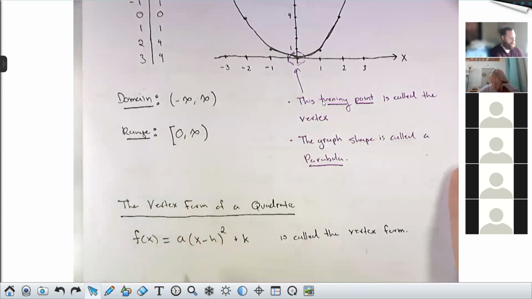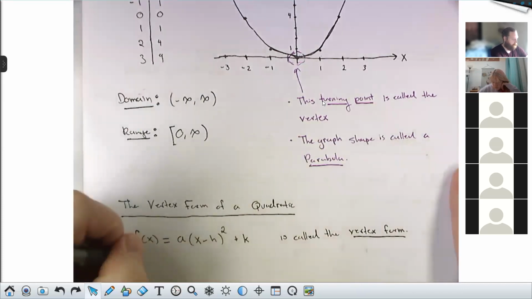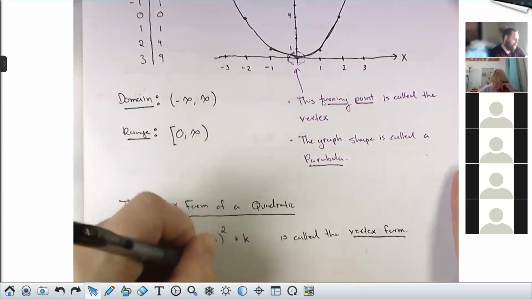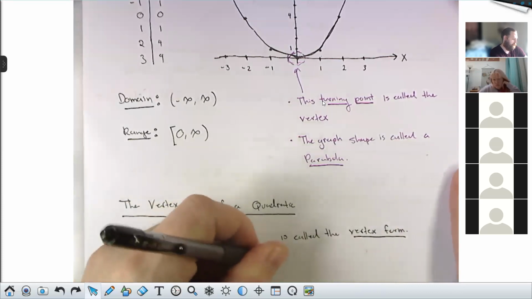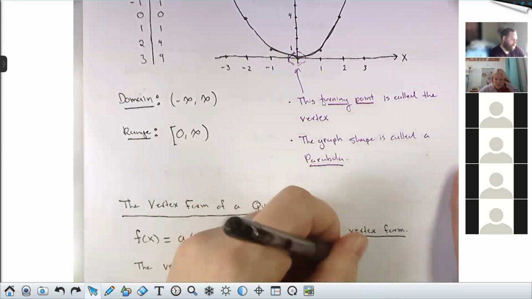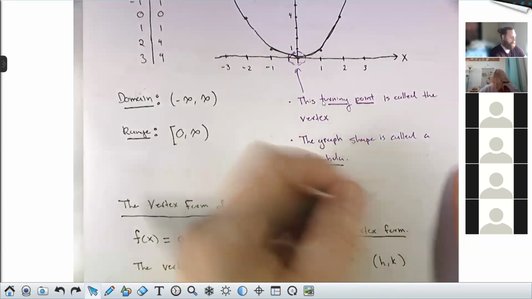And some books, like the book that we teach pre-calculus out of here at Santa Fe, actually call this the standard form, which is very confusing. But most people call this the vertex form. And the vertex of the parabola is the point h comma k.